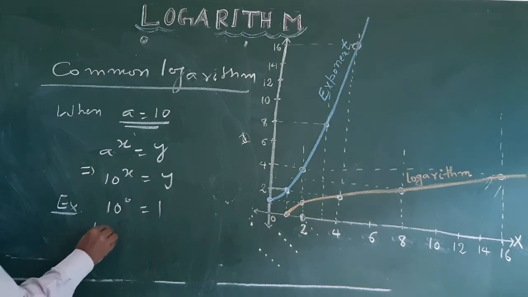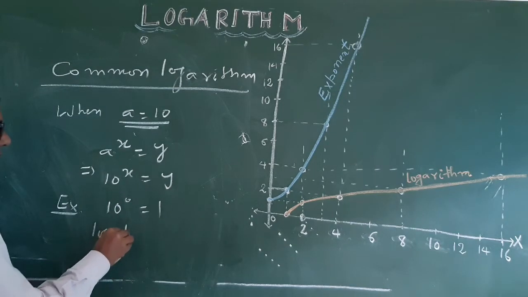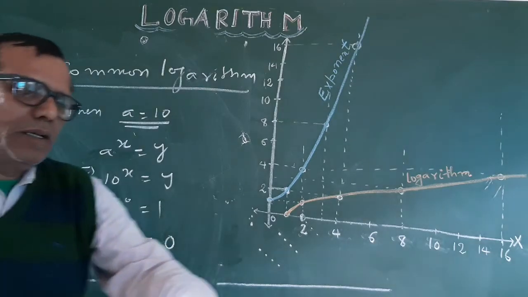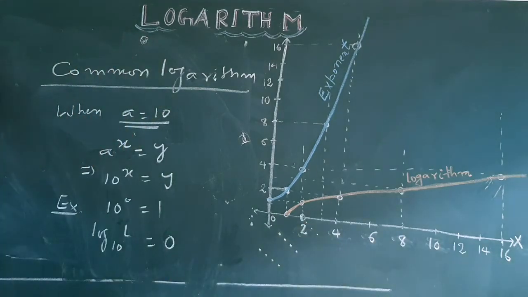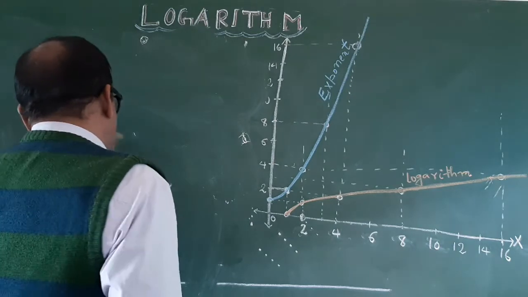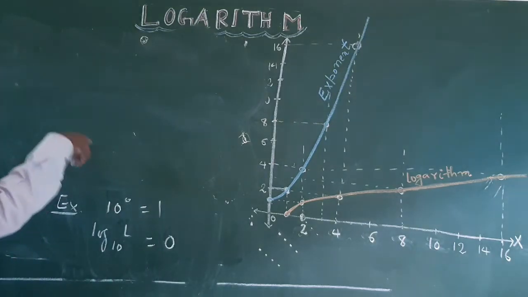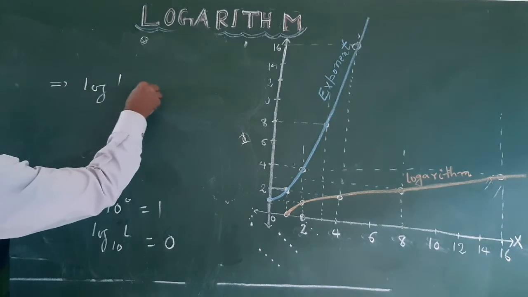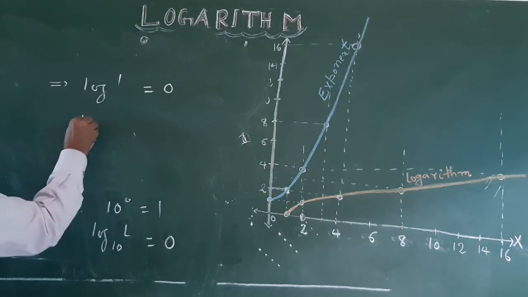So what do we write? Log 1 with base 10 equals to 0. Or simply we can write here log 1 equals to 0.